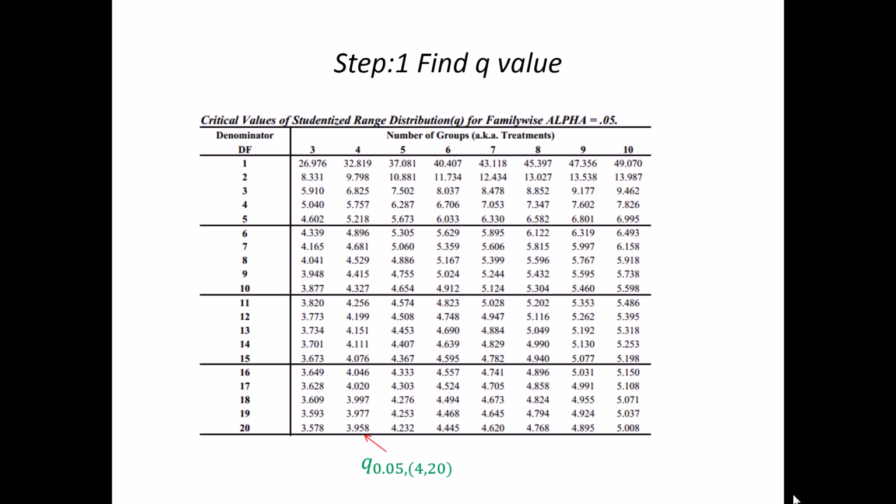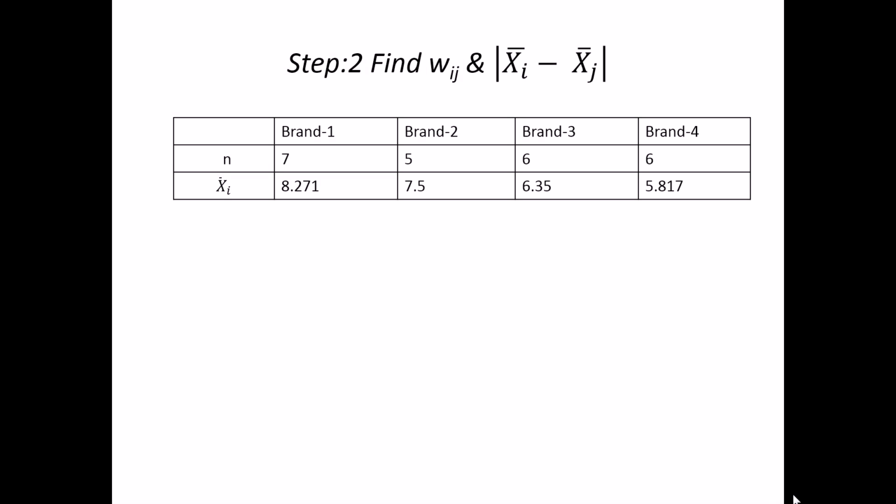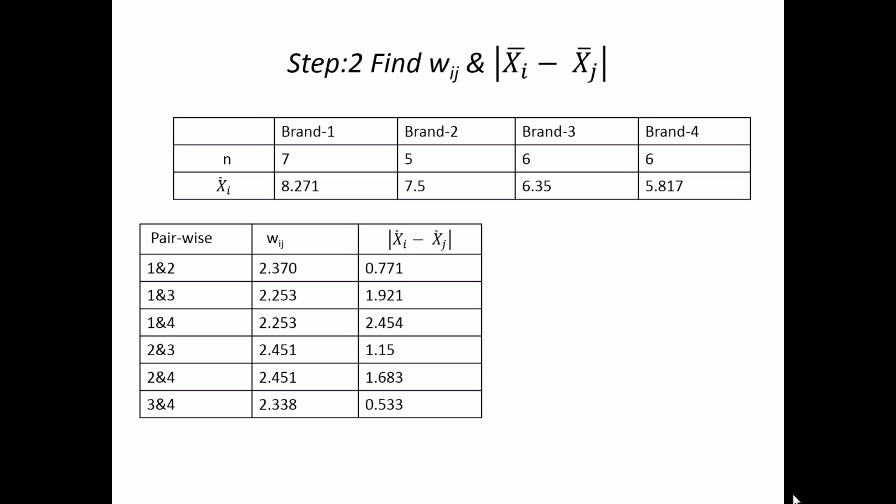So it is 3.958. Step 2, we calculate the critical range and the difference in the sample mean for each of the pairs, and I have shown you how to calculate the critical range and the difference in the sample mean for pair 1 and 2.